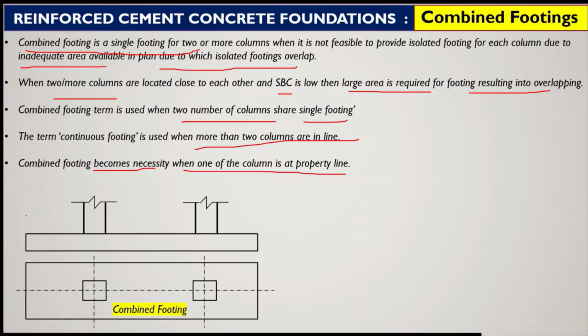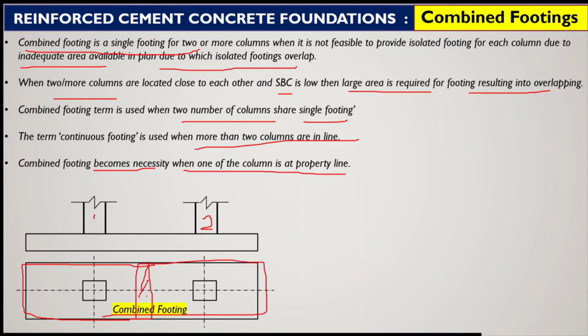Now you can see in this figure we have shown two columns, and both columns have a common footing, and that is known as combined footing. Suppose we want to put a footing for column number 1 and column number 2 individually, then this footing may be for the first column and this footing may be for the second column.